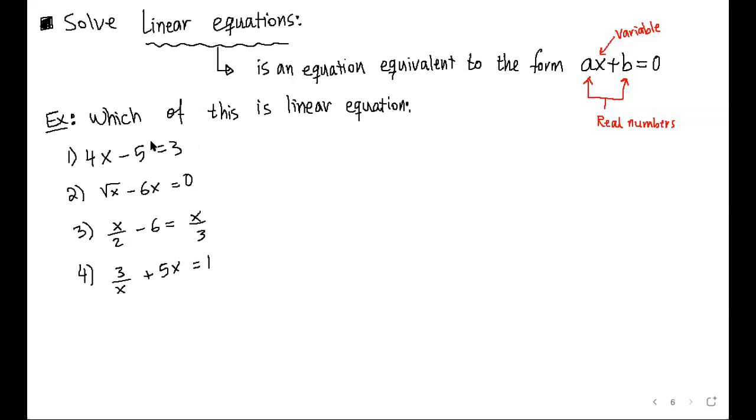The main thing we have to look for is the exponent for the variable.